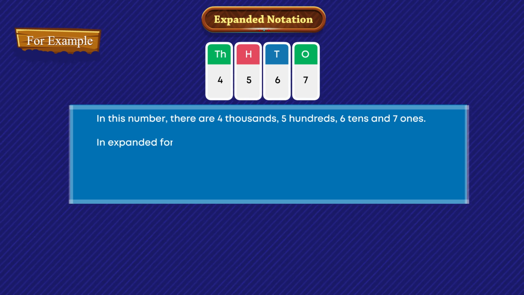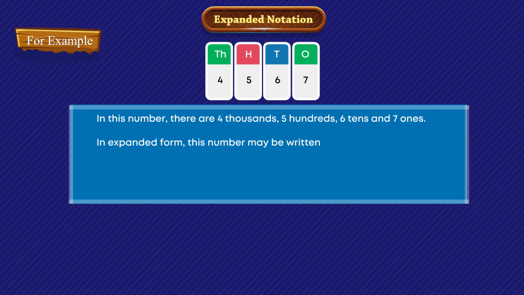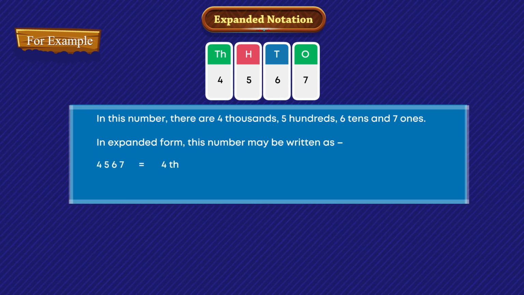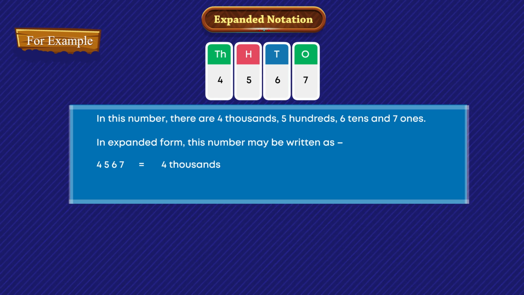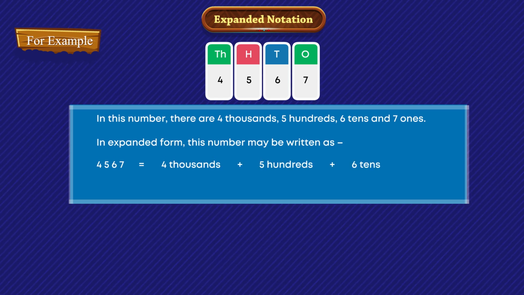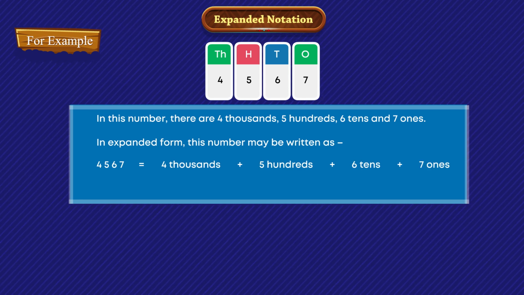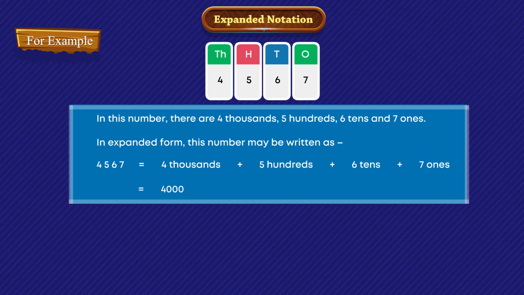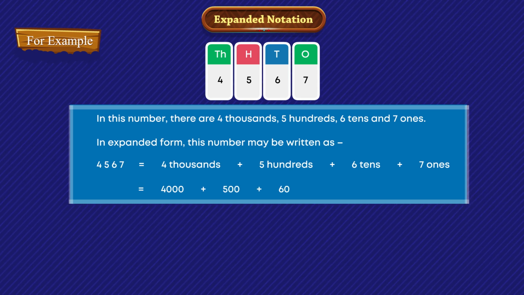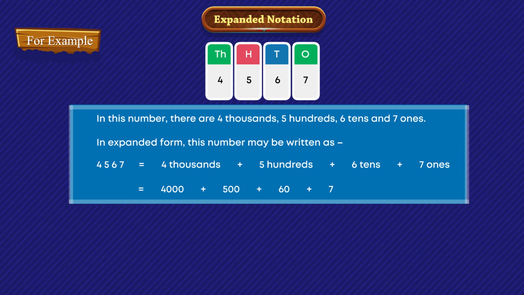In expanded form, this number may be written as 4567 is equal to 4 thousands plus 5 hundreds plus 6 tens plus 7 ones is equal to 4000 plus 500 plus 60 plus 7.